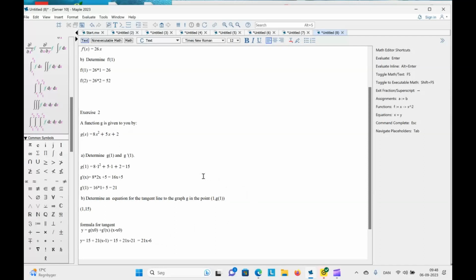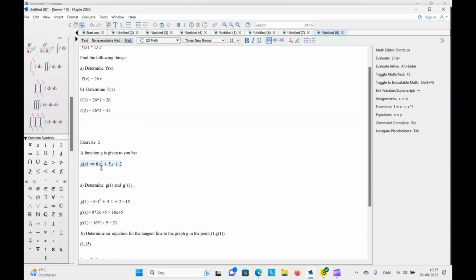You basically differentiate an equation, and how it works is when you have a function, a second order function, you want to basically downgrade it to a linear equation, which will be the tangent line. And the tangent line here should be 21x minus 6.